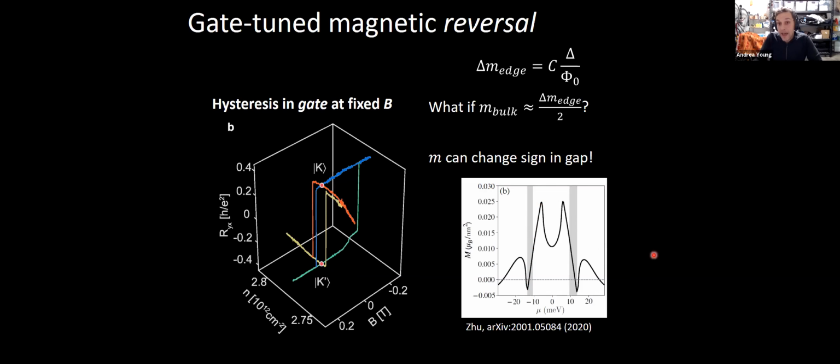This means that as you cross the gap at a finite magnetic field, you go from being in the ground state with respect to the magnetic field to suddenly being in the metastable state. If your system has strong pinning, you may well sit in that metastable state until you overcome that barrier, relax, and so on. But by microscopically controlling that magnetization, you can basically make an electrically actuated switch for your magnetization, where you flip the sign of the magnetization up and down just using an electrical voltage.